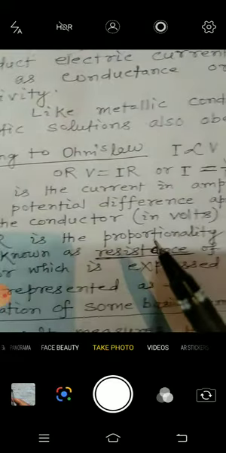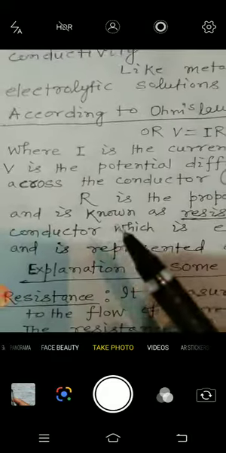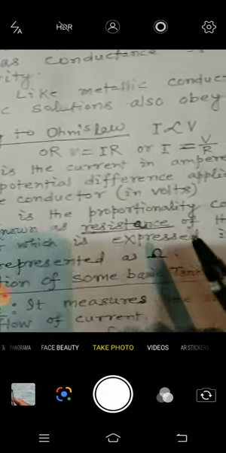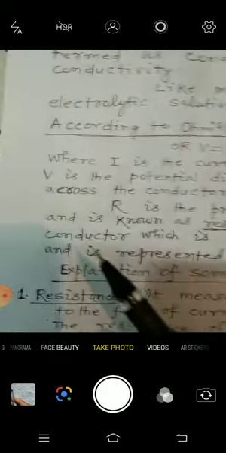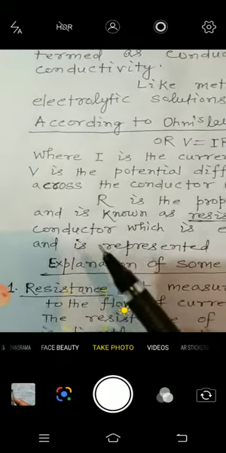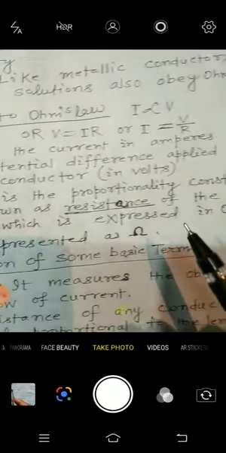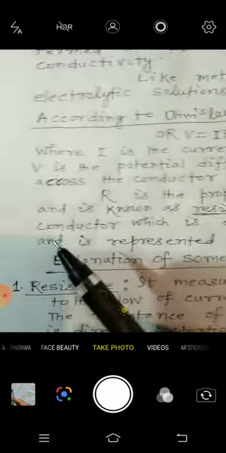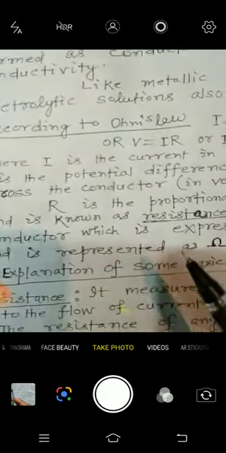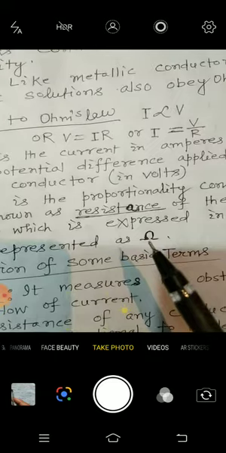R is the proportionality constant and is known as the resistance of the conductor, which is expressed in ohms and is represented by this symbol.